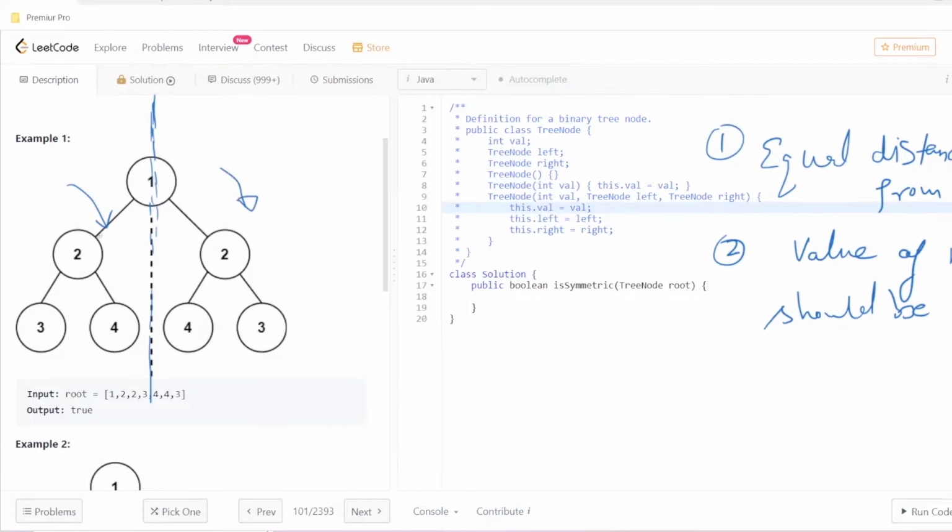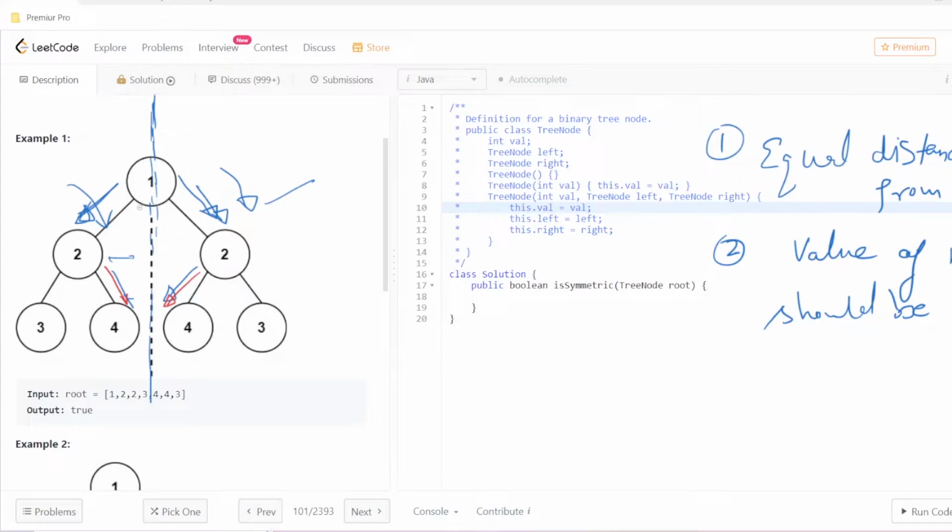Let's say for iteration you move away from this mirror. In the right side part, you have to move away from the mirror as well, because then only it will be equidistant. If you are moving toward the mirror, then you have to move toward the mirror as well. So with respect to this node, if you are moving left side, you have to move the right side here, or if you are moving right side, then you have to move left side.